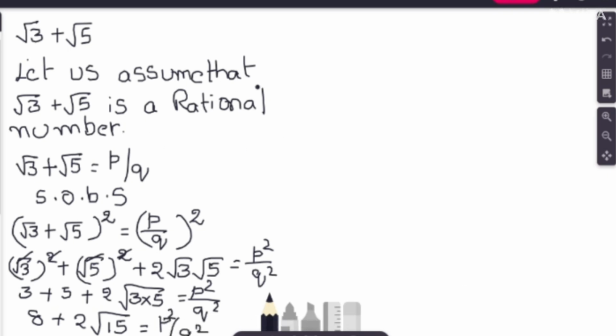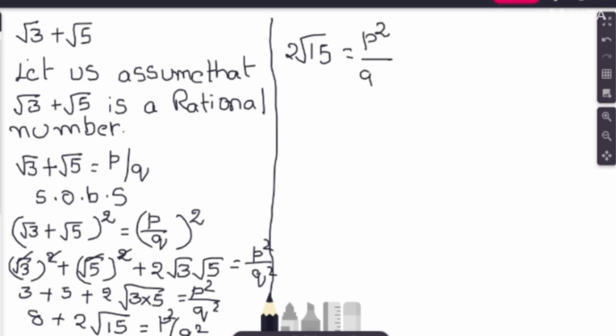The next continuation: this 8 transposes to the right side, so 2 root 15 is equal to p square by q square minus 8. Here 8 is a whole number, so it is 8 by 1.